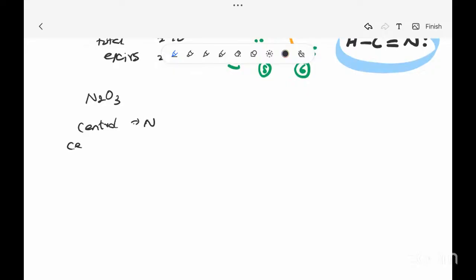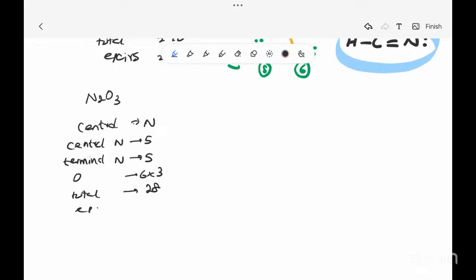So electrons from central nitrogen 5. Then terminal nitrogen, that is also 5. Oxygen 3 into 6, that is 18. Total 28 electrons, 14 pairs.